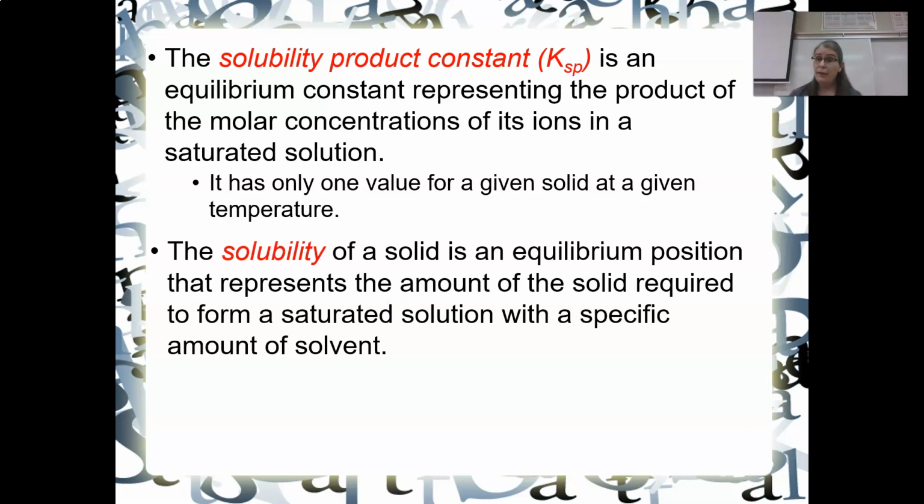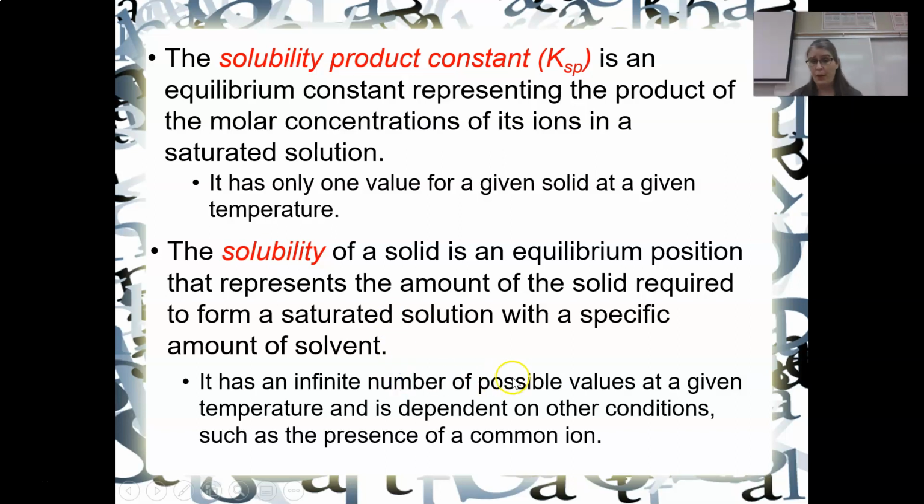The solubility of the solid is the amount that dissolves, the molarity or the concentration. And that is going to have specific amounts or temperatures. So there's really kind of an infinite number of possible values. And it can be dependent on some other conditions, like the presence of a common ion, like we saw in our Le Chatelier lab. We had a saturated solution. It was full.